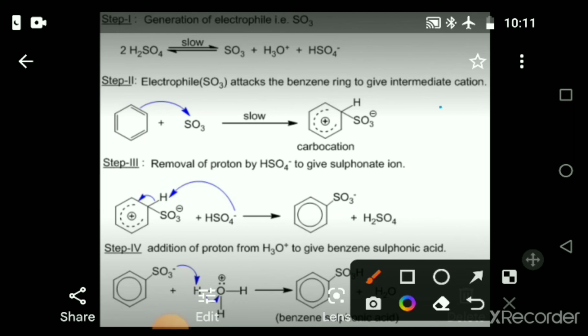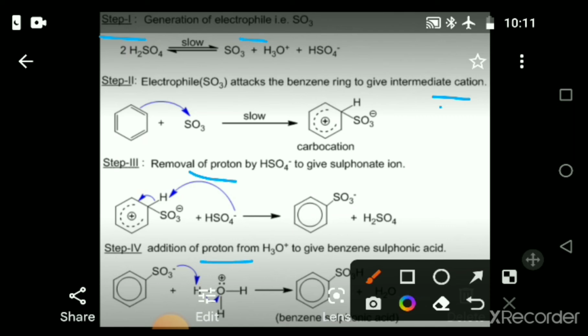In the first step, we know the electrophilic substitution reaction takes place in 3 steps. One is generation of the electrophile, second is formation of the cation, and third is removal of a proton.